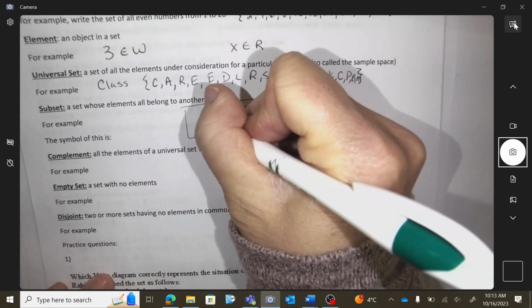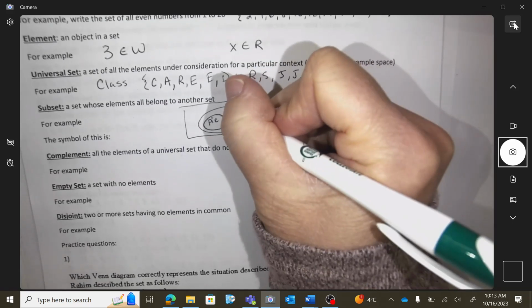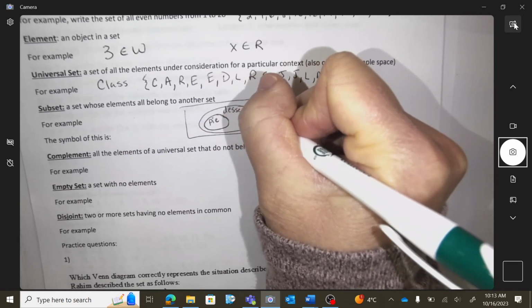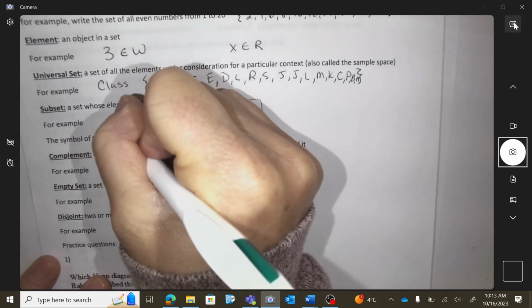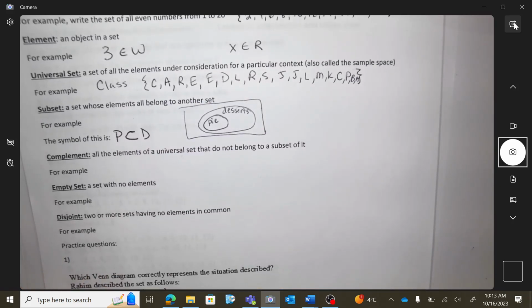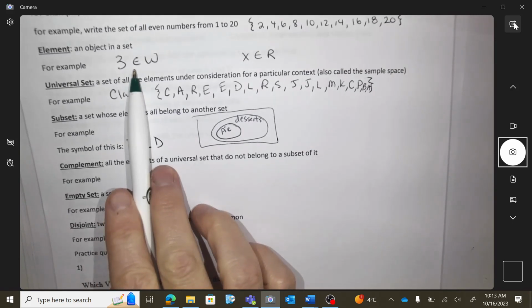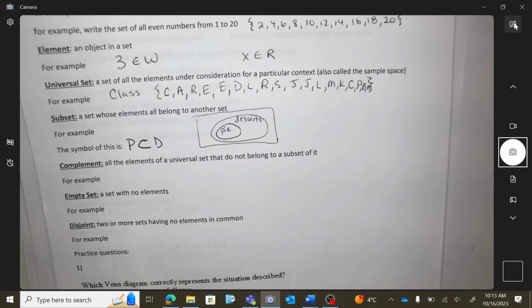If I talked about all types of pie, would you understand that that's a subset of desserts? All the types of pies would belong to a bigger picture, desserts. So pie is a subset of desserts. That's a different symbol. This one means the element of something, and this means the whole group belongs inside that group.